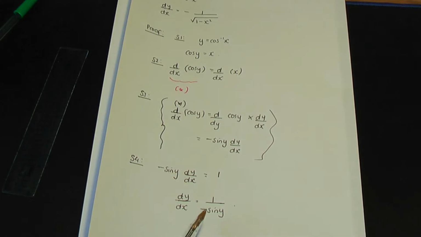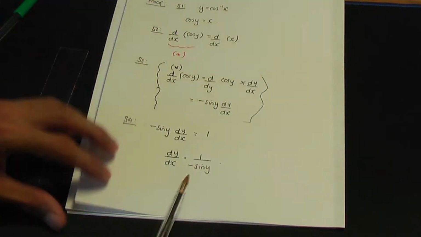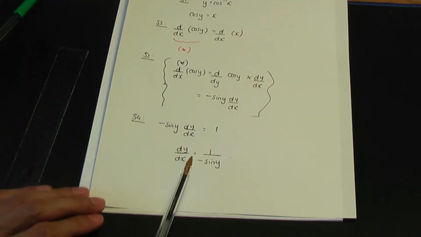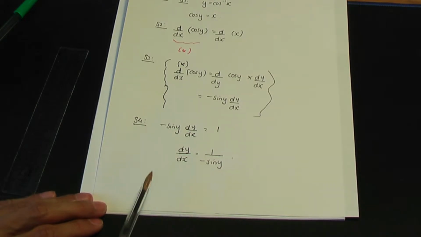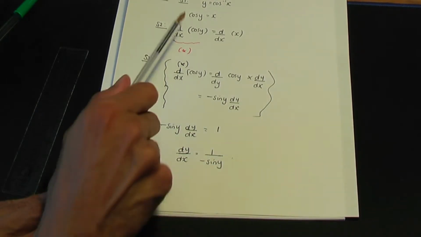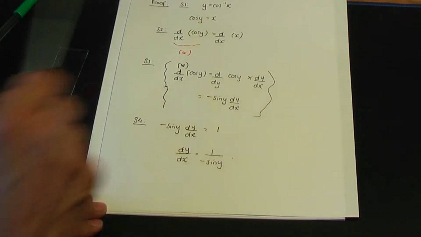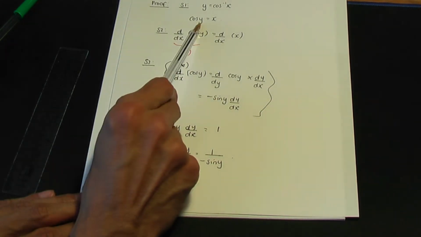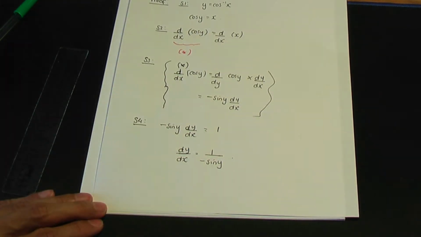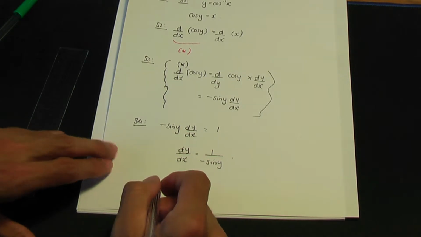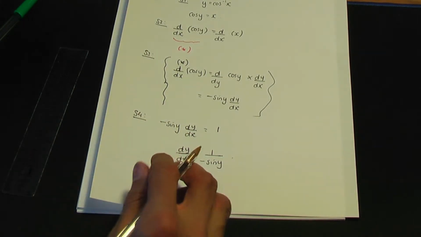Once again, once you reach this step, you need to use a trigonometric identity to write sine y in terms of cos y, so that you can replace all of your cos y terms by x's. So that takes us to the next step. Let me continue on the reverse. Step number 5.